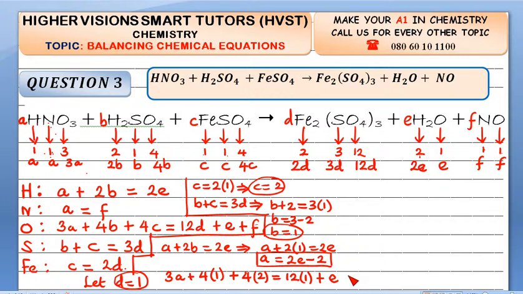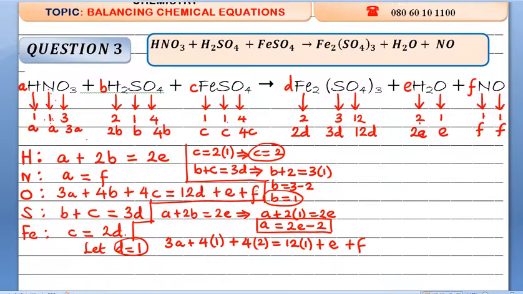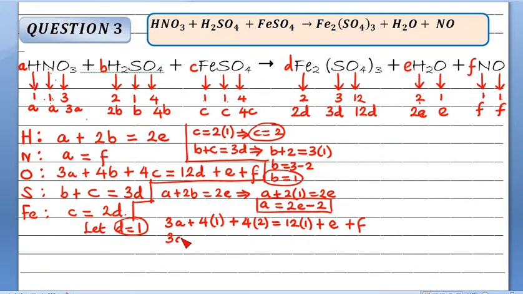And then plus F. We have this, and we can move on with it to have 3A plus 4 plus 8 is 12, plus E plus F. This is 3A plus 12 is equal to 12 plus E plus F. Let's bring the letters to one side. 3A minus E minus F is equal to 12 minus 12.